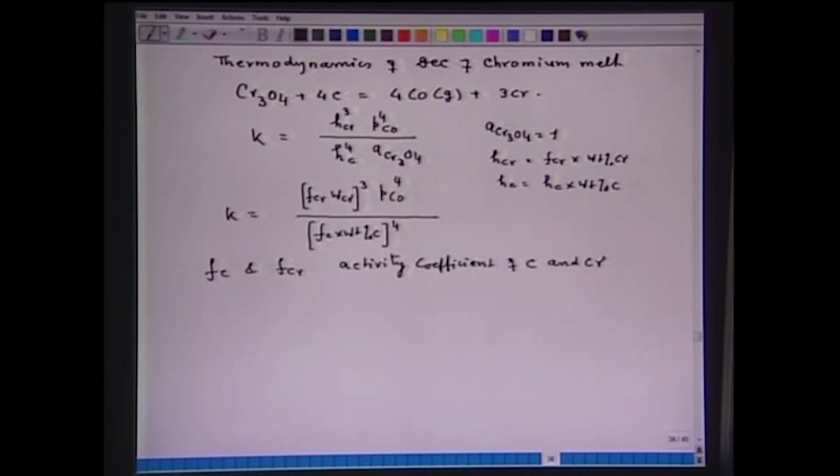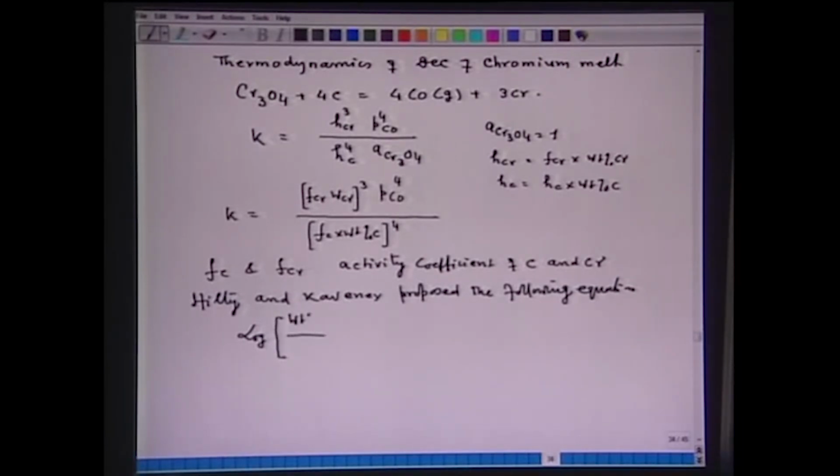Now, this is a very complicated relationship. Hilty and Crafts have proposed the following equation: log of weight percent chromium in the metal upon weight percent carbon in the metal is equal to minus 13800 upon T plus 8.76 minus 0.925 log of P_CO.